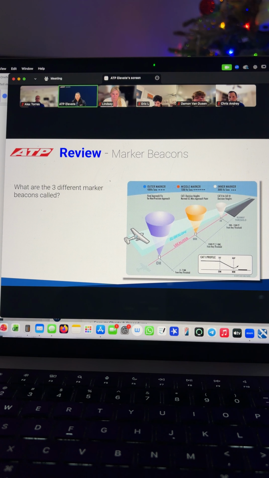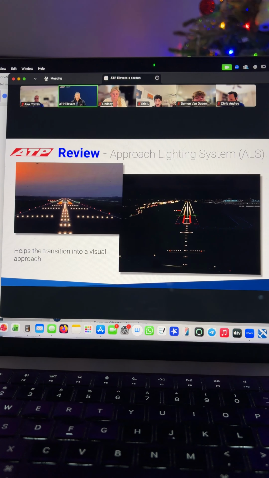Now, again, I think that DPE was trying to be tricky and a little bit mean, but I now point that out to people, all right? So just because it's part of an ILS system or can be part of an ILS system doesn't mean that it's always there.